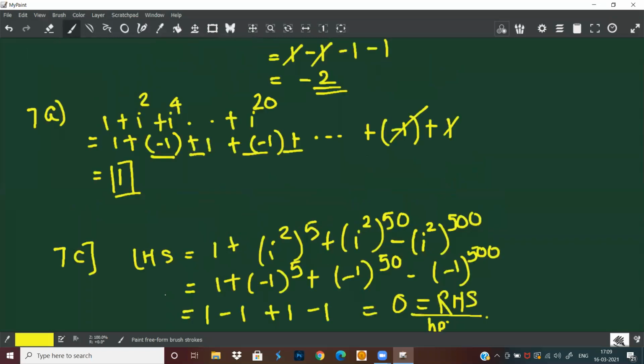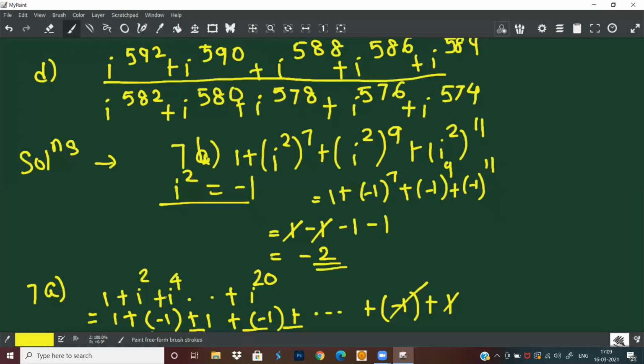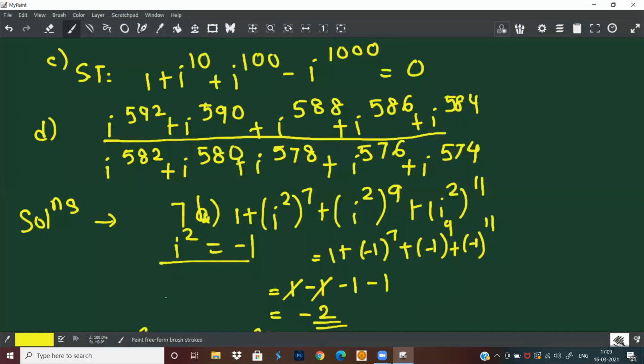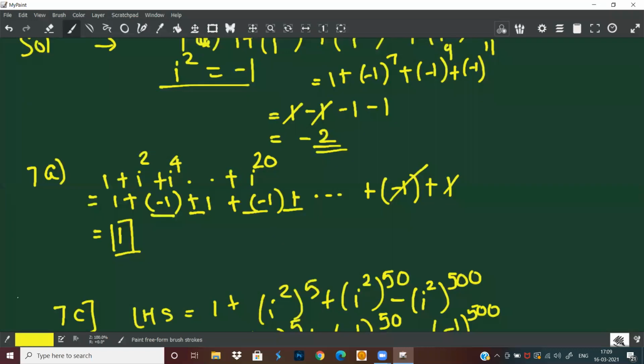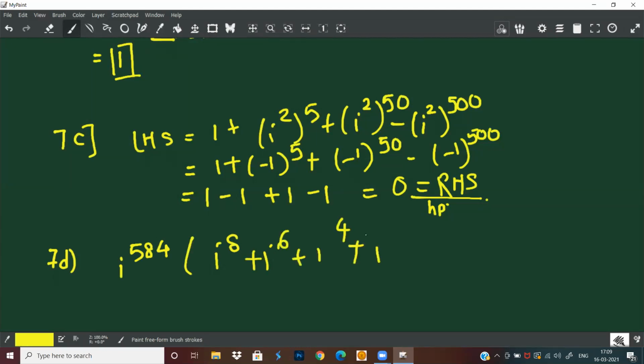And D, ये वाला सब. So in D, did you realize that 584 can be taken common in the numerator? You can take I raised to 584 common, वो भी चलेगा. 92 है ना? So ये आएगा I raised to 8 plus I raised to 6 plus I raised to 4 plus I raised to 2.